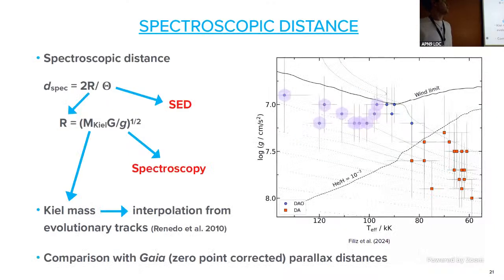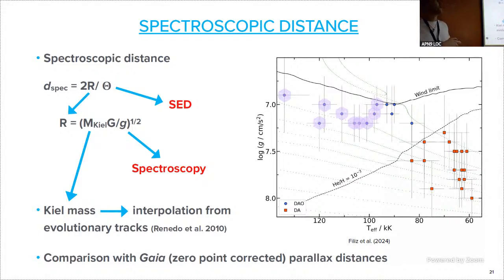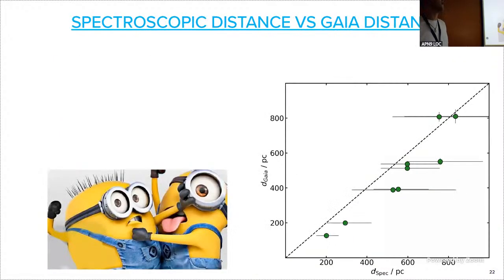In the second part, we calculated spectroscopic distances. We have the angular diameter from the SED and log g from spectroscopy. For the mass, we interpolated from the evolutionary tracks and calculated the spectroscopic distance. Then we compared this to Gaia parallax distances. However, we find that there is a slight disagreement.